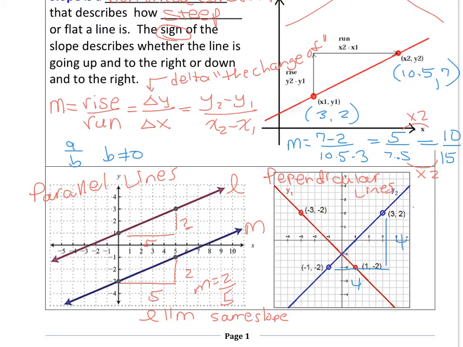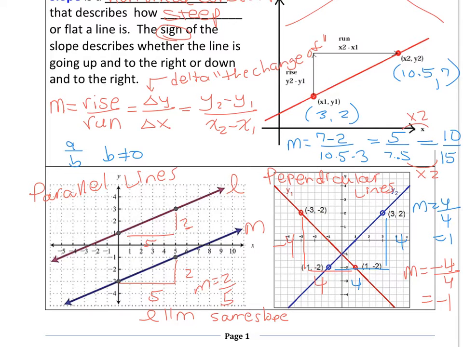So we have a slope here on the blue of 4/4, which equals 1. And on the red here, it's a negative, down 4/4. So we have a slope of negative 4/4, which is negative 1. 1 and negative 1 are opposite reciprocals of each other.